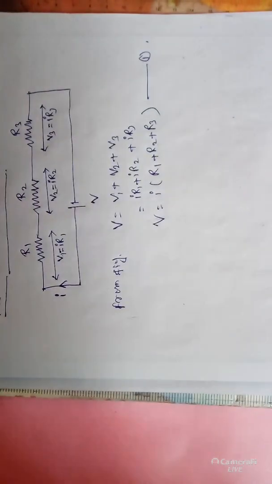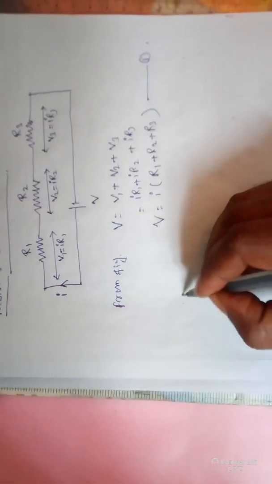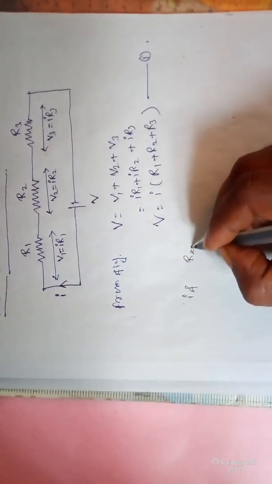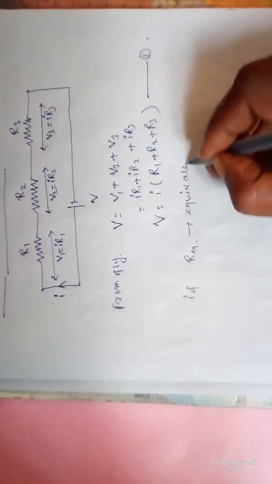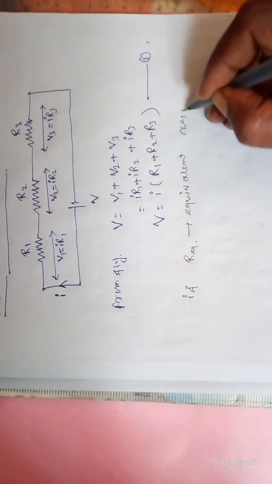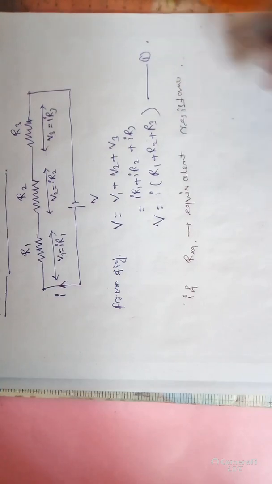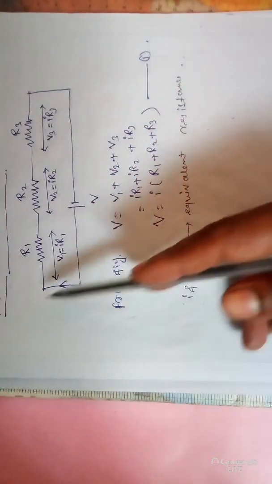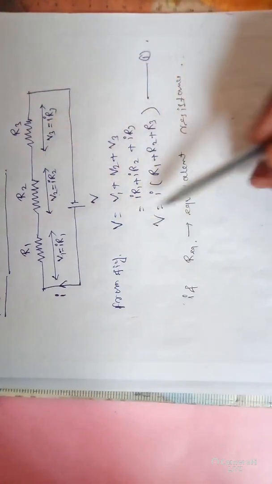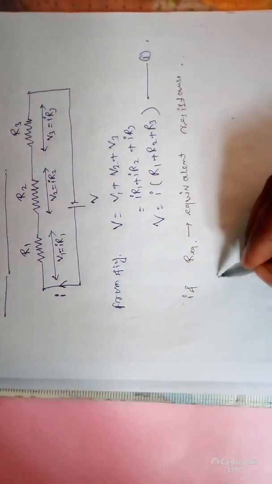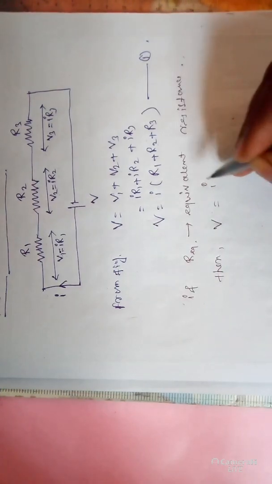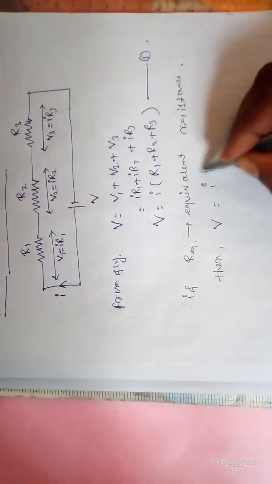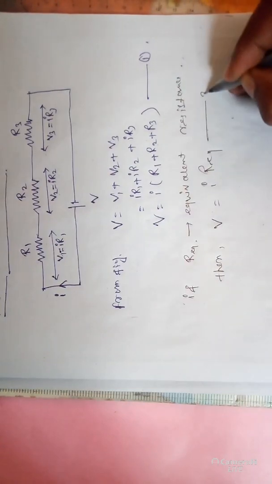Now if R equivalent is the equivalent resistance, then the same amount of current will flow through it. So what will be the equation of this one? Then you can write V is equal to I, which will be the same, and the value of R will be R equivalent. This is equation number 2.